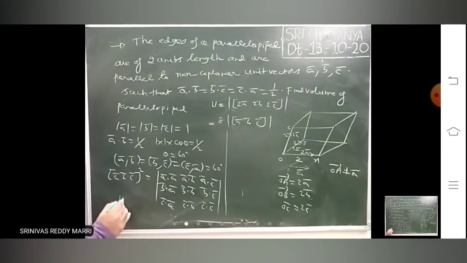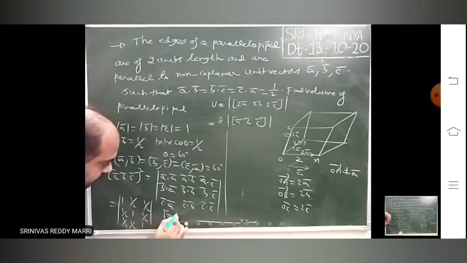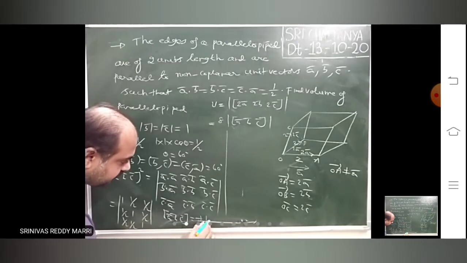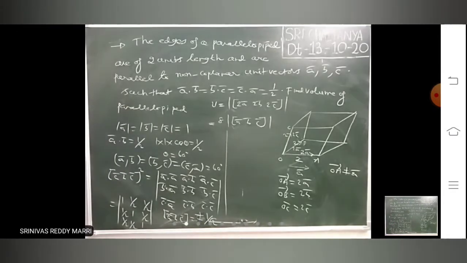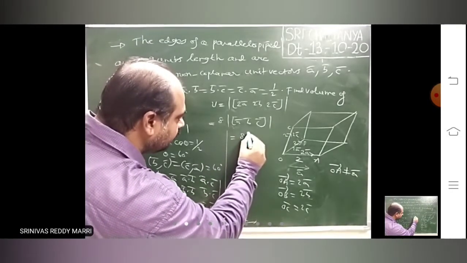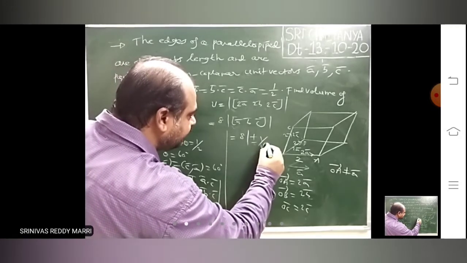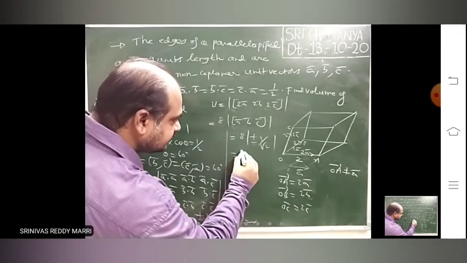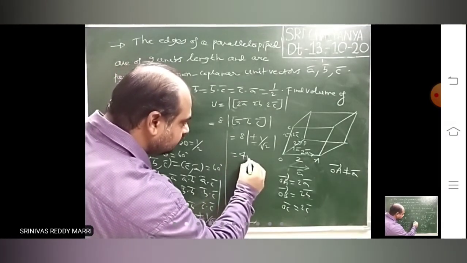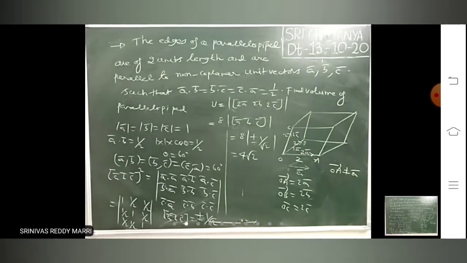So previously calculated, this is 1, 1 by 2, 1 by 2, 1 by 2, 1, 1 by 2, 1 by 2, 1 by 2, 1. We have got in the previous problem, what you got? Plus or minus 1 by root 2. Now volume means modulus of plus or minus 1 by root 2. So what is the answer? 4 root 2 is the volume. Like that.